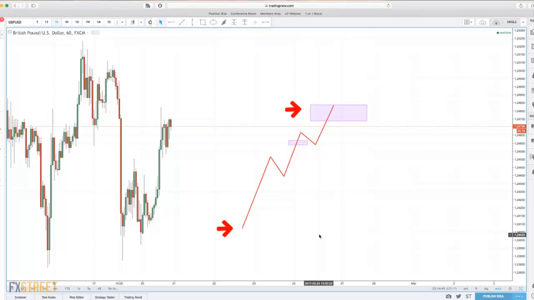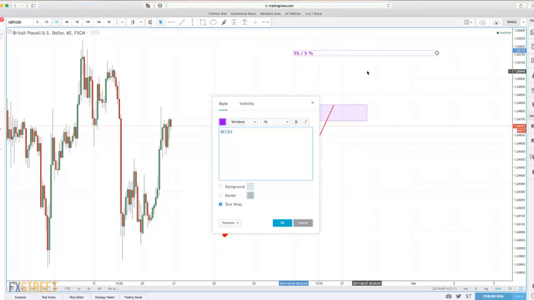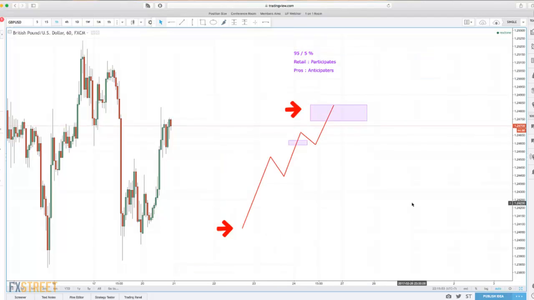Okay, so to retail traders, we call them participants. They chase the market, okay? And the pros, we call them anticipators. There's a difference between these two people. An anticipator gauges the market.